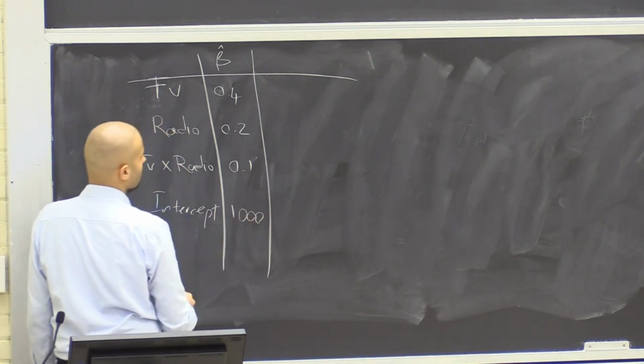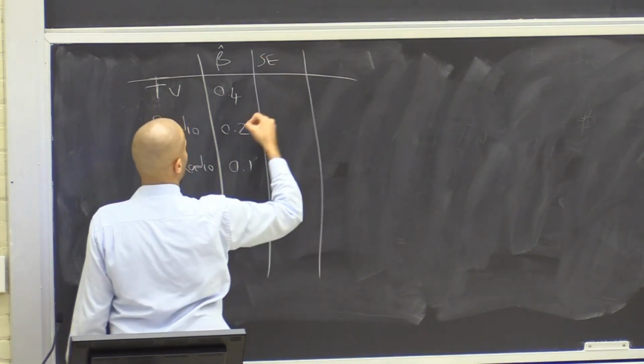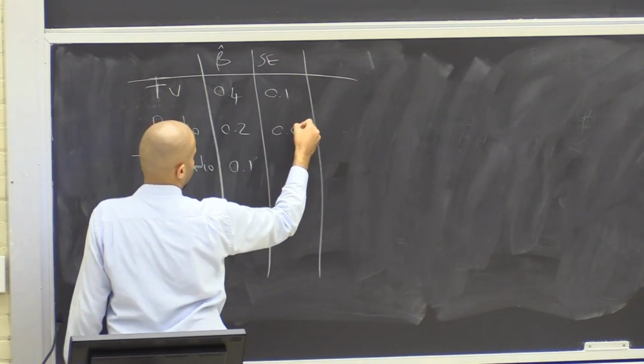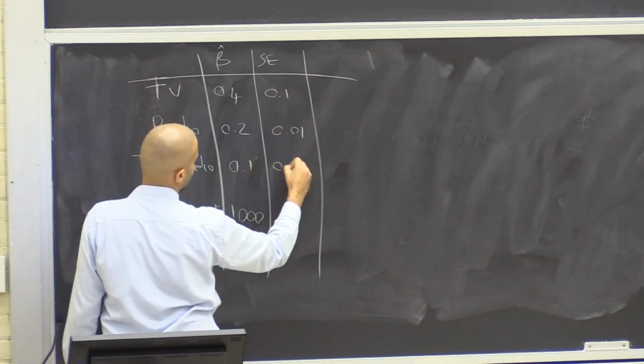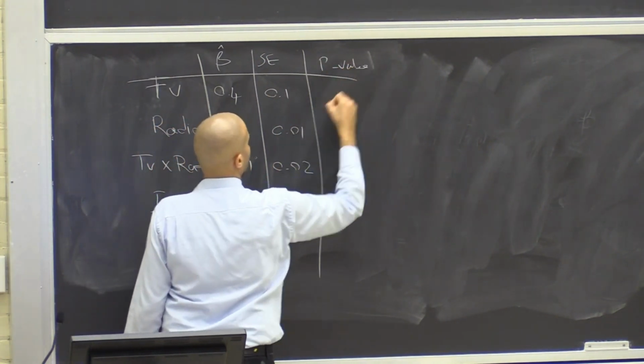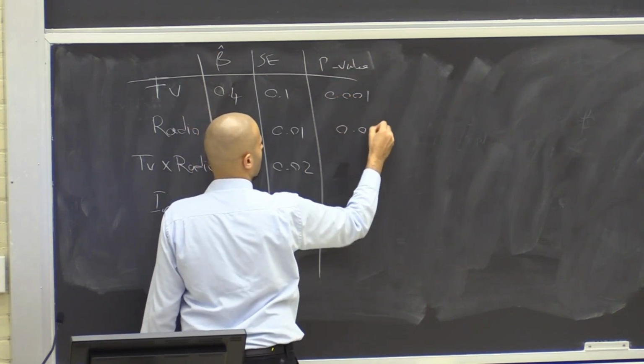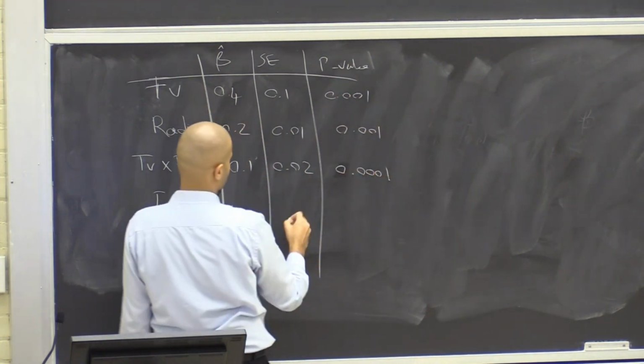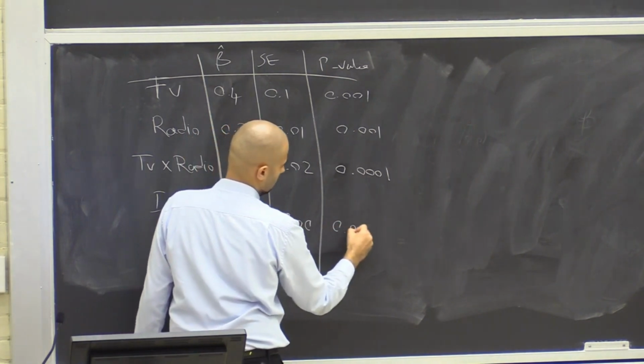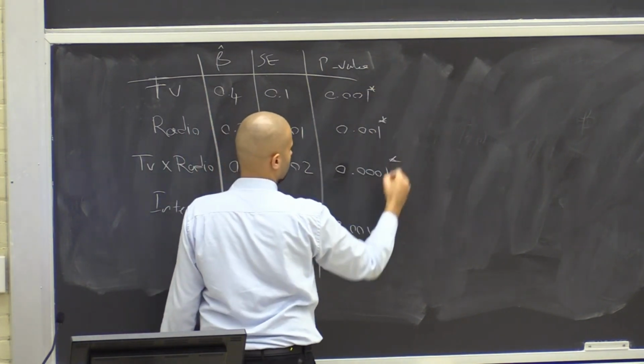Intercept, again, is some value, doesn't matter that much. The standard errors are like this. And the p-values are all of them are significant.